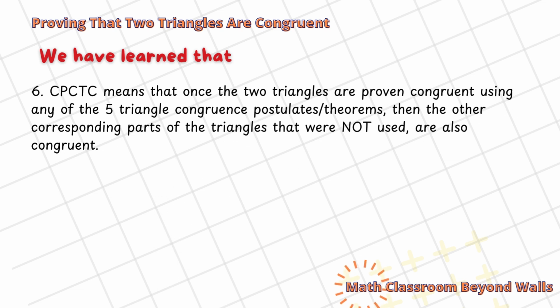Sixth, CPCTC means that once the two triangles are proven congruent using any of the 5 triangle congruence postulates or theorems, then the other corresponding parts of the triangles that were not used are also congruent.